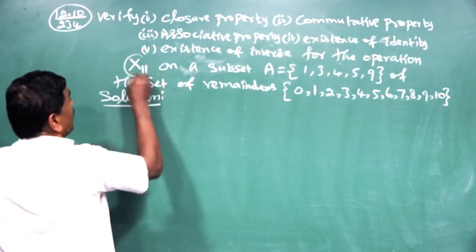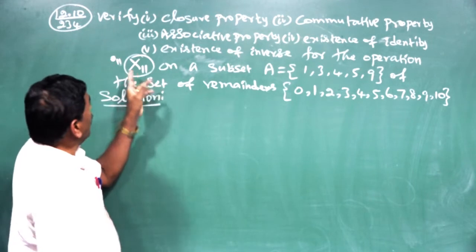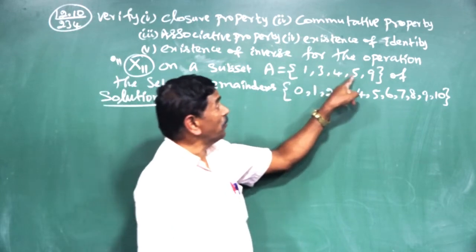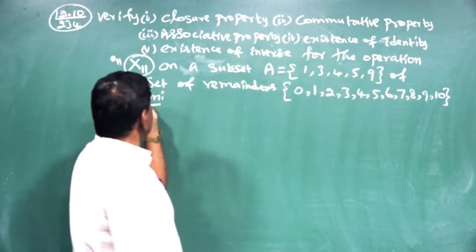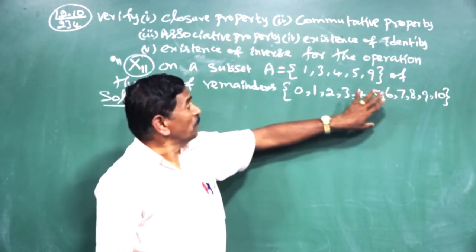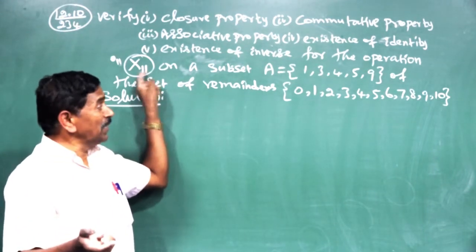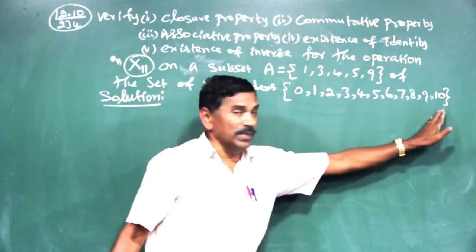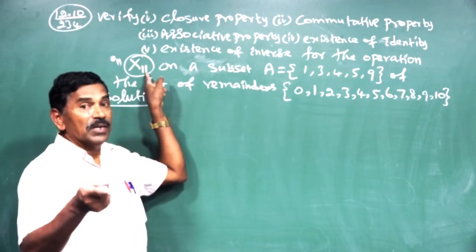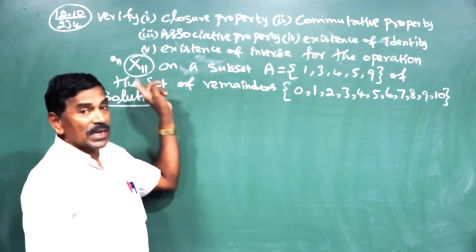The operation is multiplication modulo 11 on a subset A = {1, 3, 4, 5, 9} of the set of remainders 0, 1, 2, 3, up to 10. If your answer is more than 11, subtract multiples of 11, and you will get the remainders 0 to 10. If your answer is exactly 11, then 11 minus 11 equals 0. If your answer is less than 11, it stays as itself.